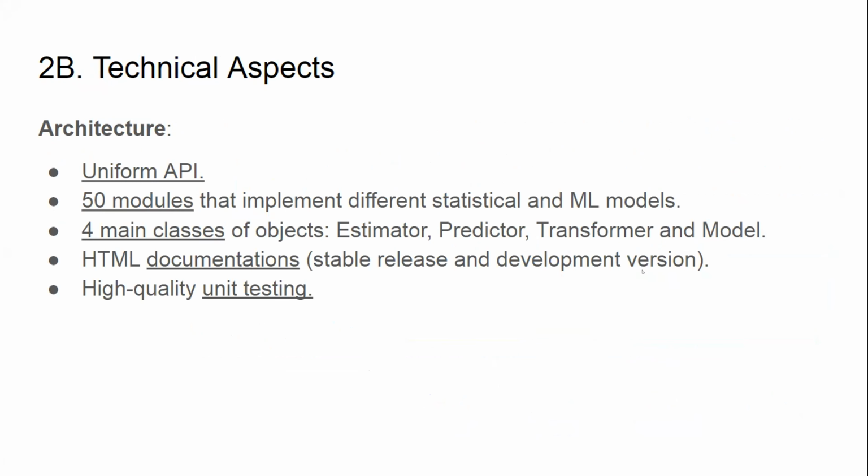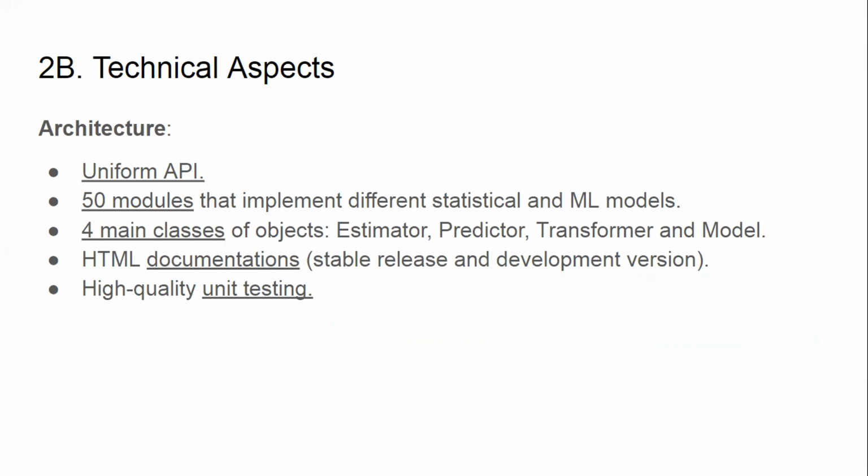The technical aspects of this project is that it is highly modularized. So it's a uniform API, and each module is independent from each other. So each module can be developed in parallel, independently, and that's very easy for contributors.